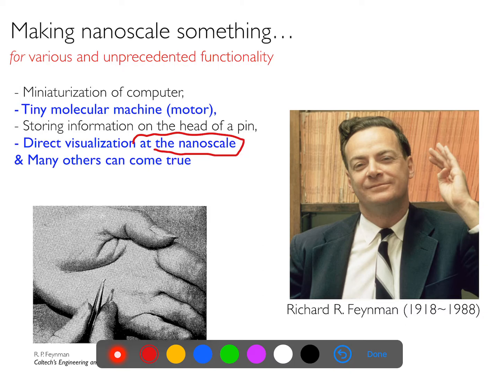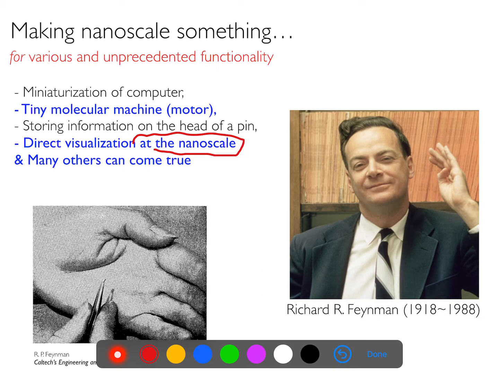And eventually, in this day, many people working in the super resolution microscopy field can see molecular things through the optical microscope. If we can benefit from super resolution optical microscope technology, we can resolve things at the few nanometer scale. For example, 4 nanometer and 5 nanometer resolution will be allowed.